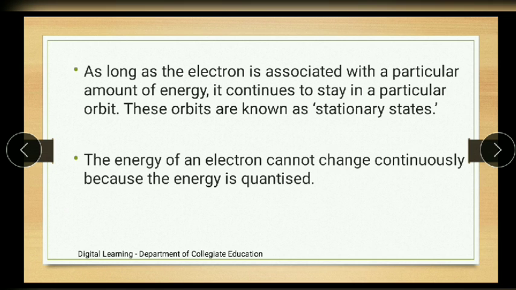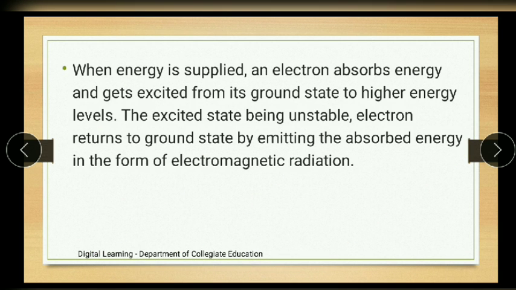The next postulate is that the energy of an electron cannot change continuously because the energy is quantized. When energy is supplied, an electron absorbs energy and gets excited from its ground state to higher energy levels.